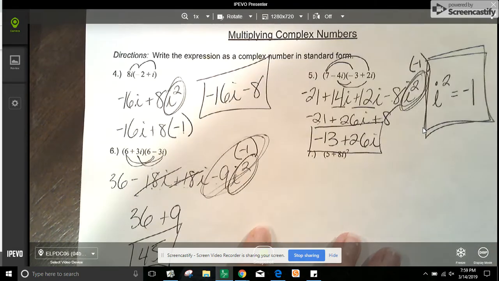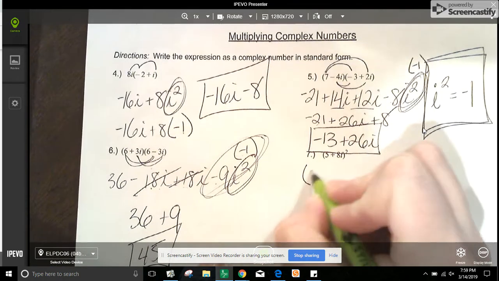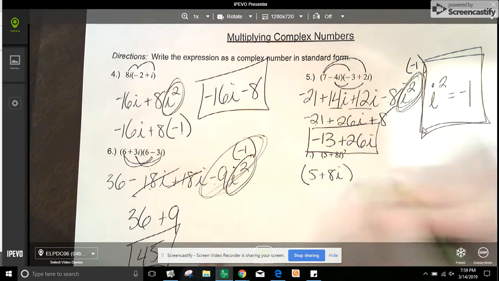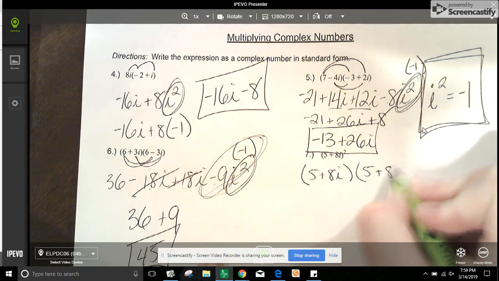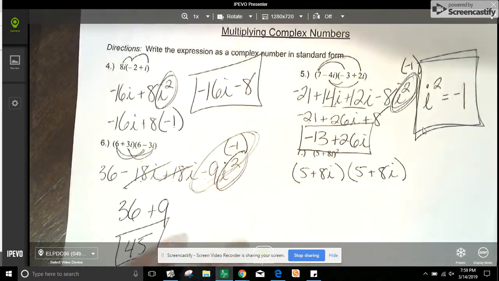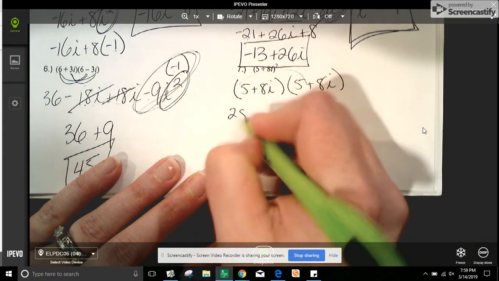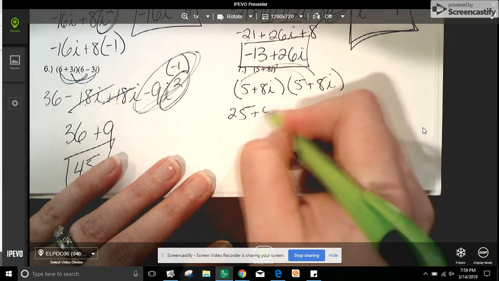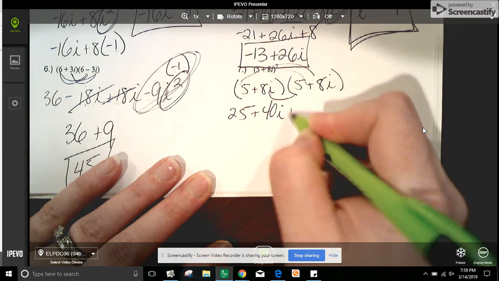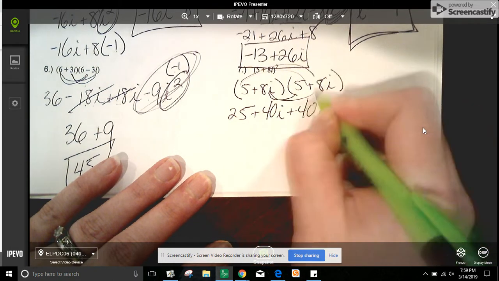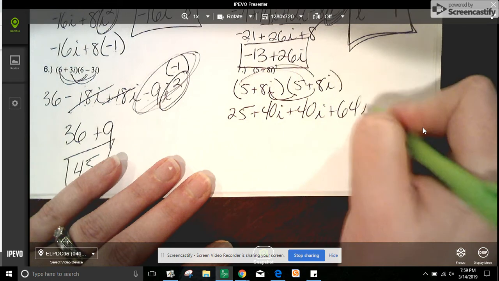And then the last one is 5 plus 8i squared, meaning you write it twice in FOIL. So 5 plus 8i times 5 plus 8i. So 25 plus 40i plus 40i plus 64i squared.